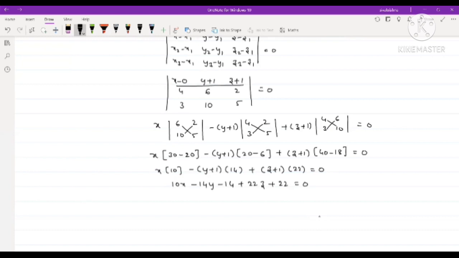If we write this equation in this way, first we write the x term, after that the y term, then the z term, and finally the constants. So minus 14 plus 22 is equal to plus 8, is equal to 0.